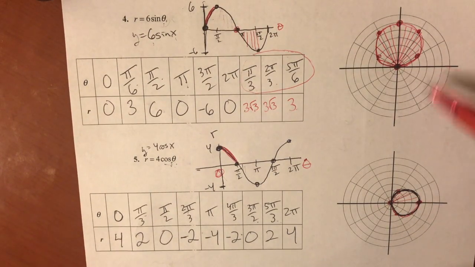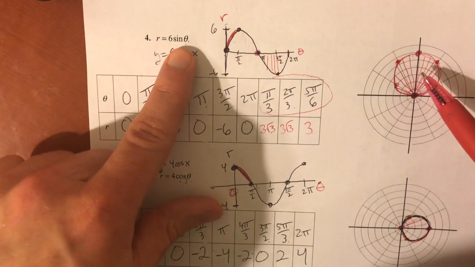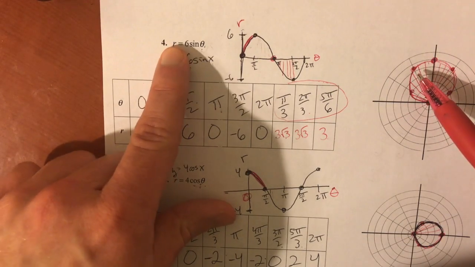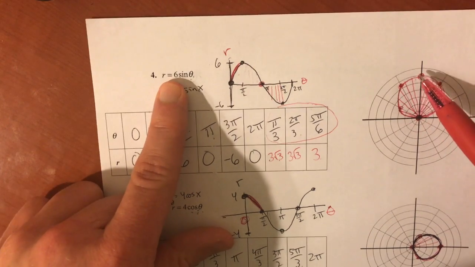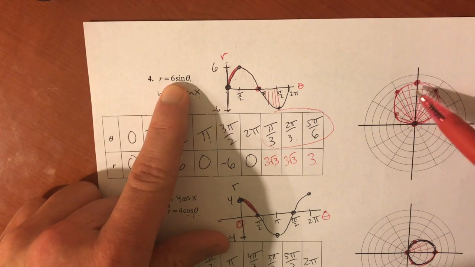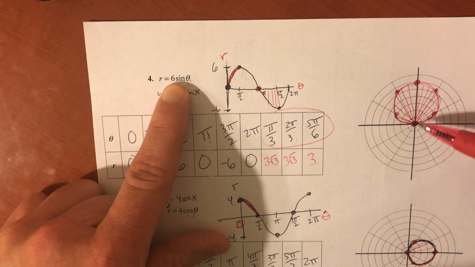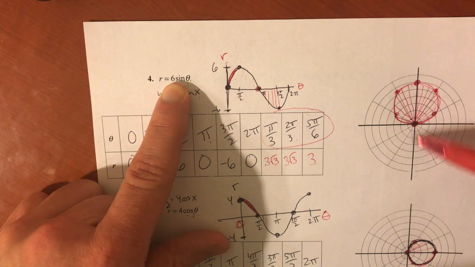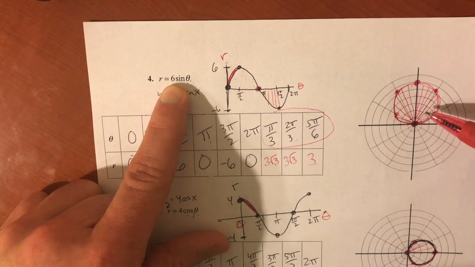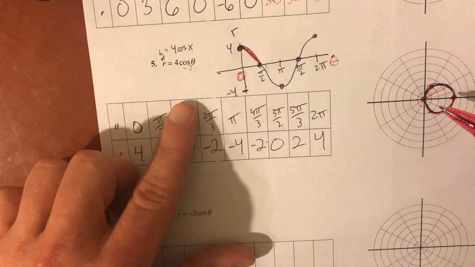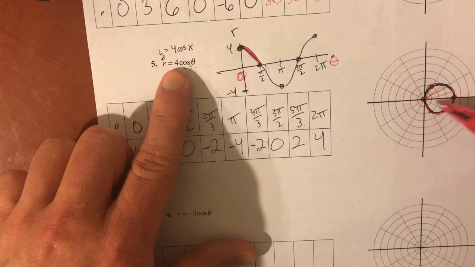Here are some other little properties to note. If it's r equals 6 sine of theta, notice we got a circle with a radius of 3, not a radius of 6. The diameter was 6. And look, it's symmetric with the y-axis. With the cosine, the diameter was 4, but this is symmetric with the x-axis.